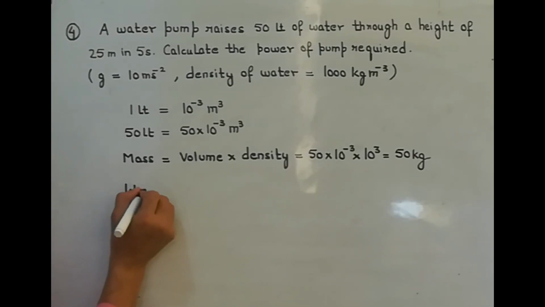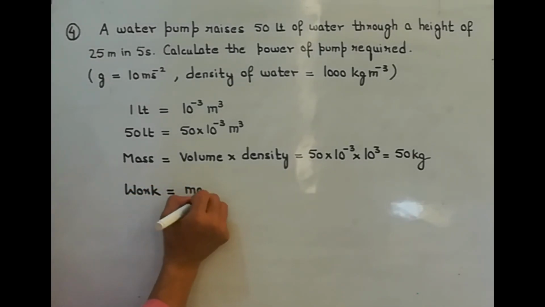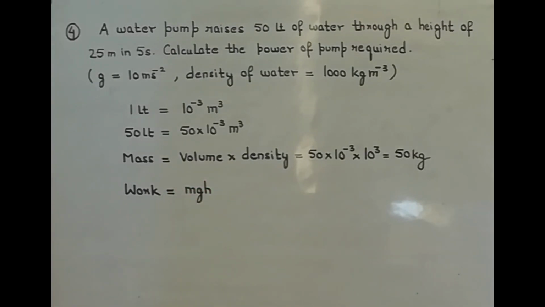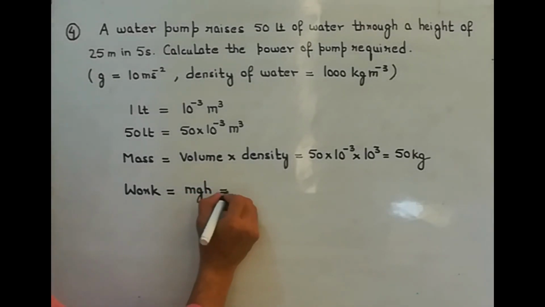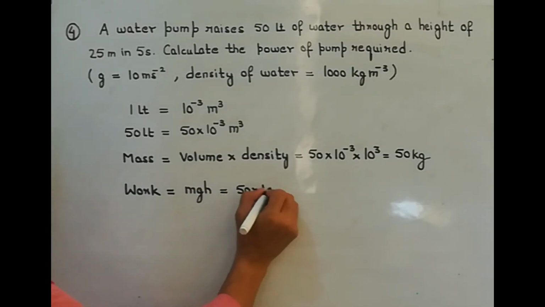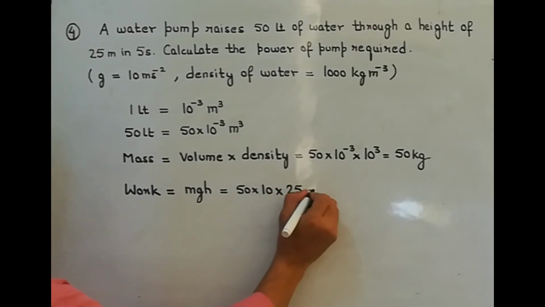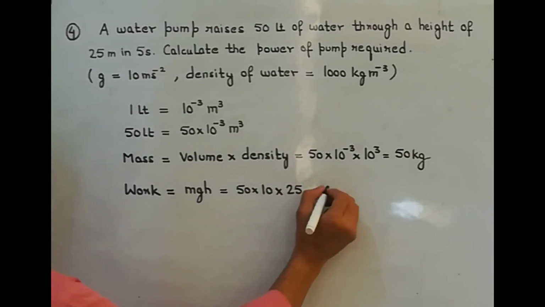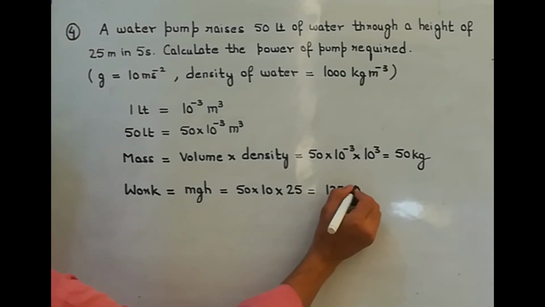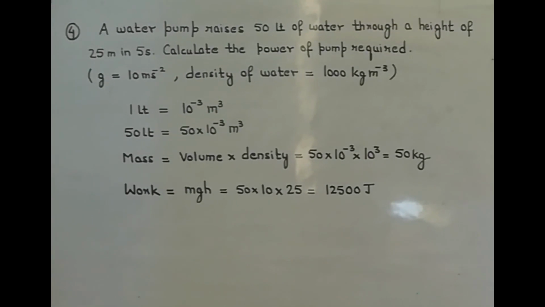So let us calculate work against gravity. It will be mgh, where m is 50 kg of water, gravity is 10, and height is 25. So 12,500 joule of work was done.